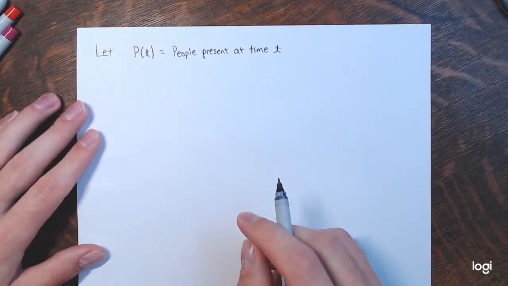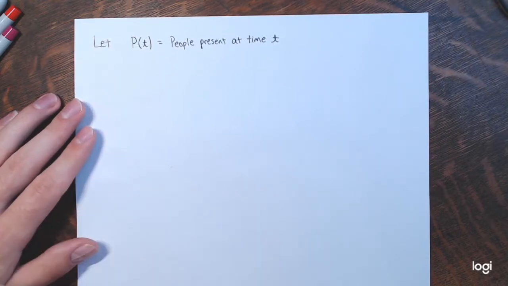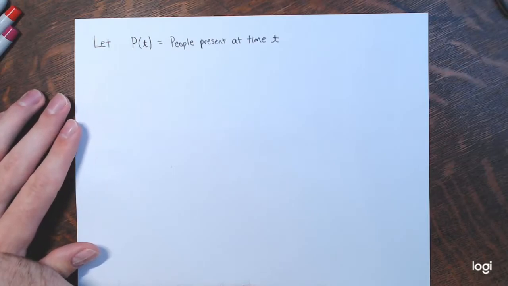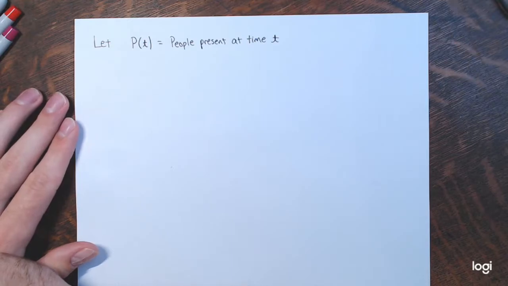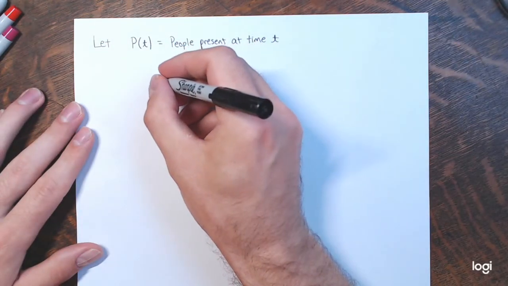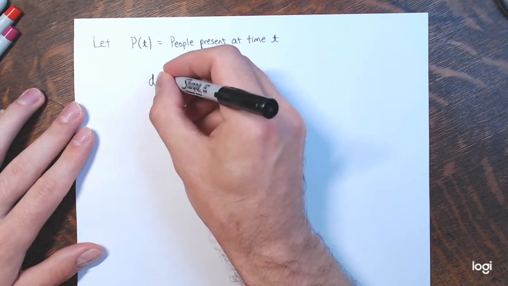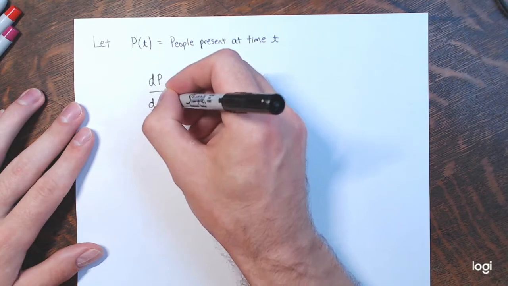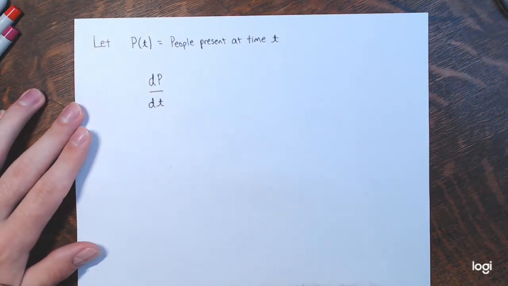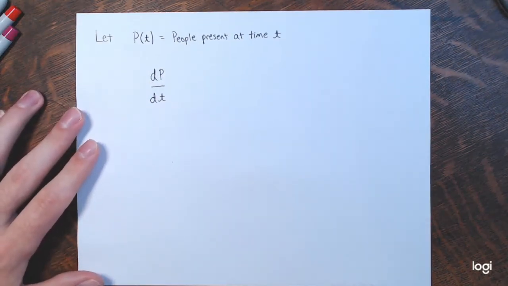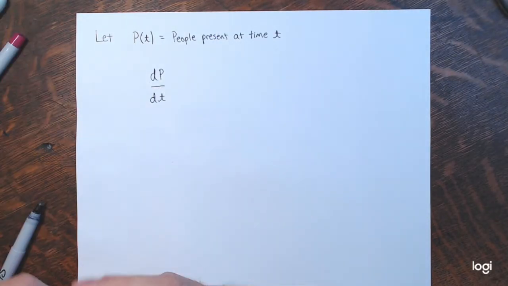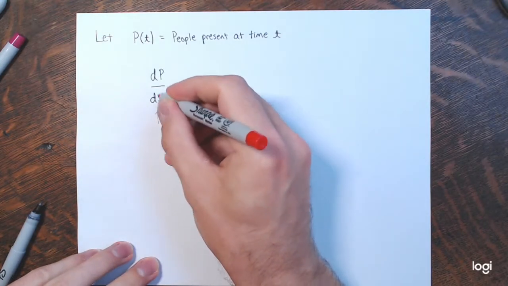Now in that first sentence, it says the population of a community is known to increase at a rate proportional to the number of people present at time t. So that means that the rate, remember anytime you hear the word rate, it's a derivative, right? A rate of change, an instantaneous rate of change. So here we have dp dt.